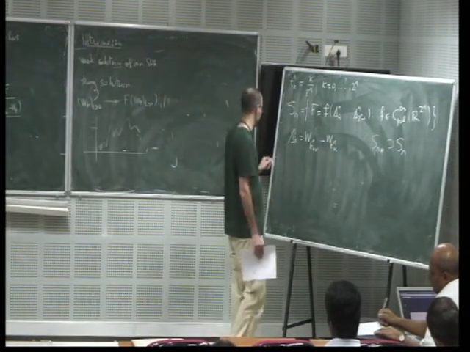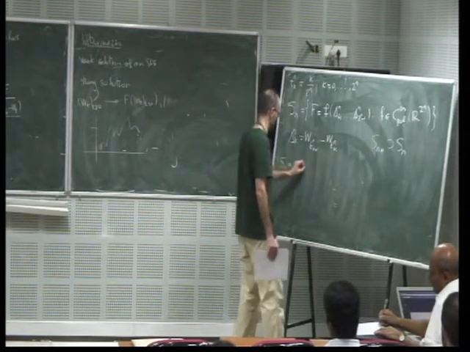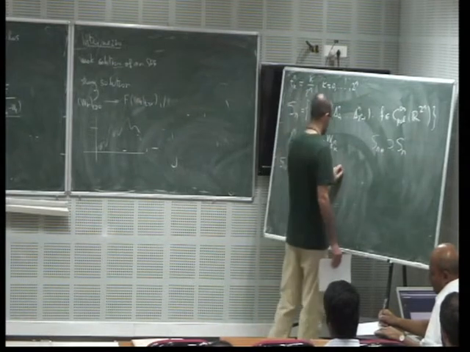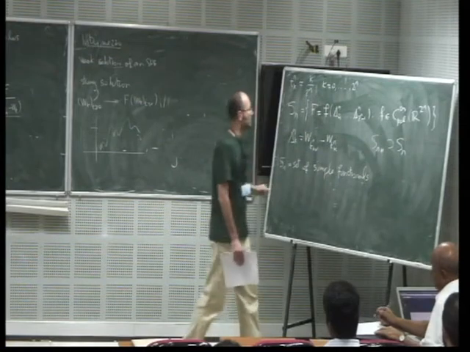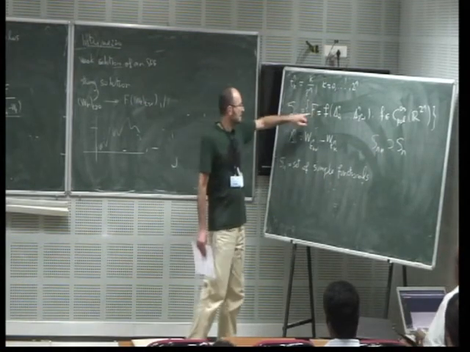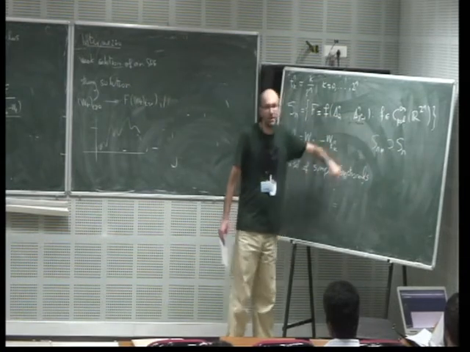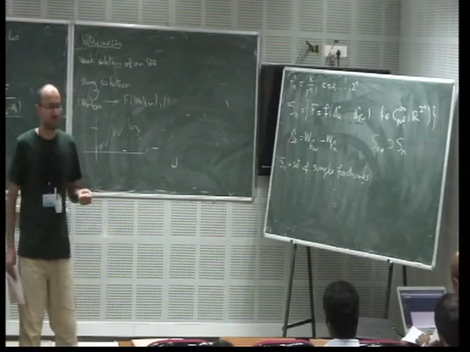Okay, so these are the so-called simple functionals. So what is a simple functional? It is a function which depends on a finite number of increments of the linear process.